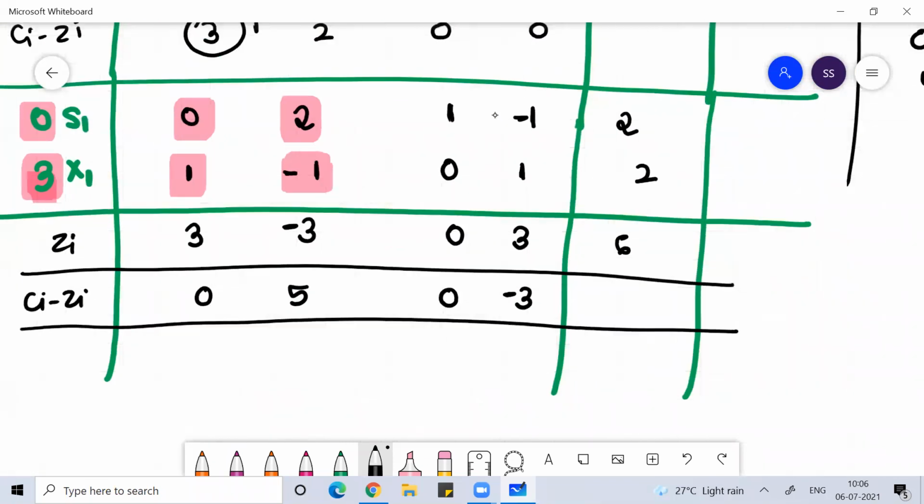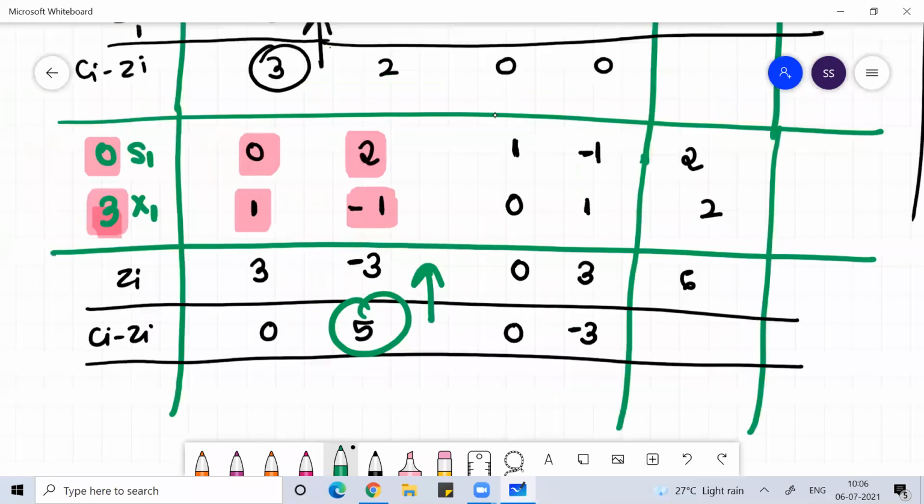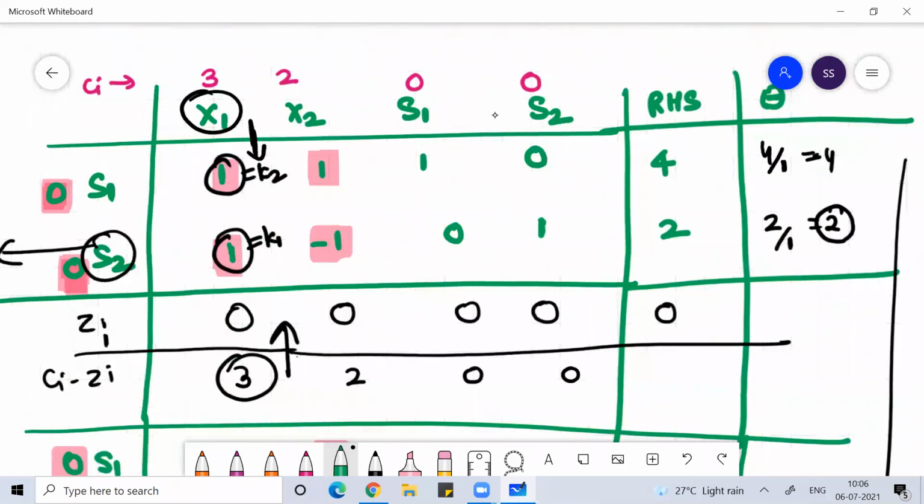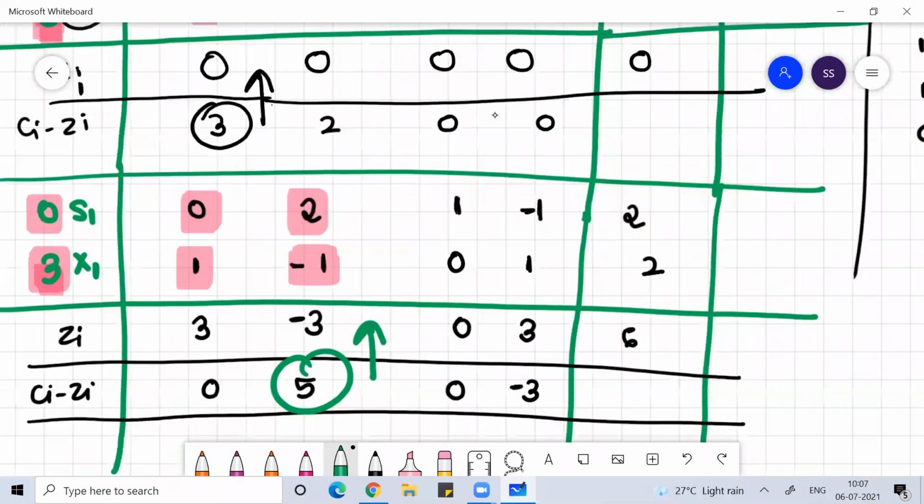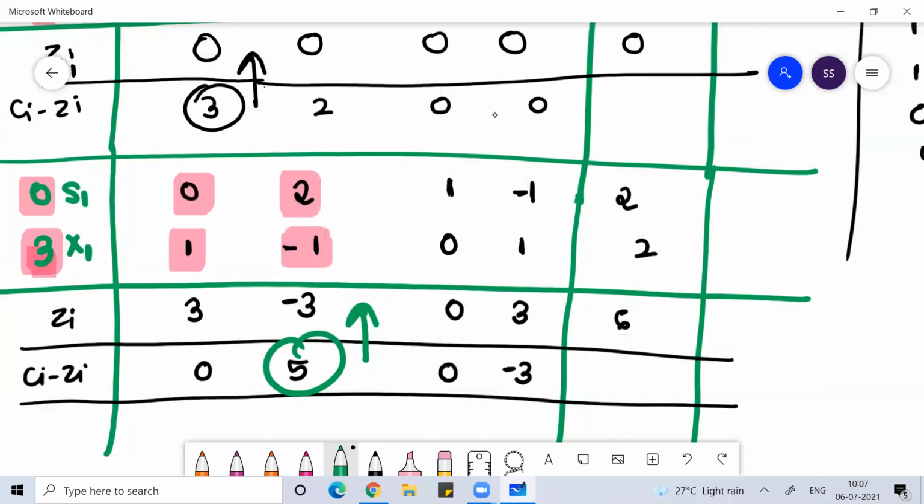Once you get Ci minus Zi, out of all Ci minus Zi, the maximum is 5. That means now x2 will enter into the solution. If x2 enters the solution, it will replace either s1 or x1.